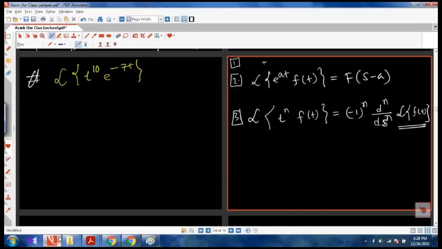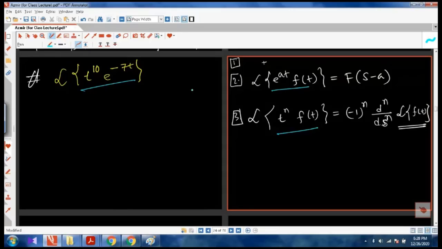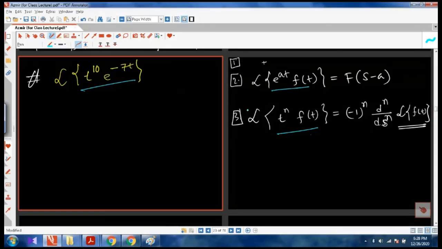Try to understand. This problem goes with both properties 2 and 3. With property 3, t power n f of t, we have t power 10, and f of t is e power minus 7t.